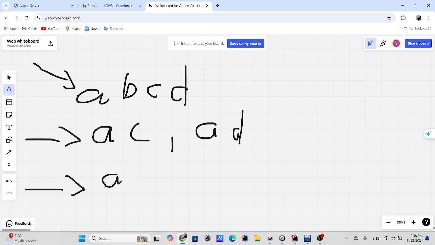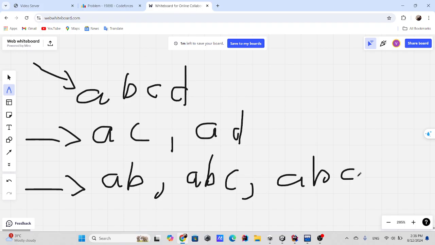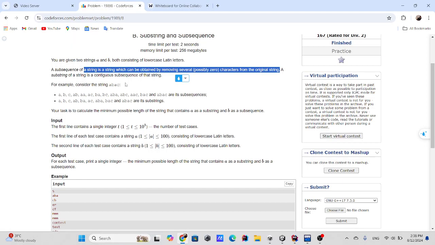For example, AB is a substring, ABC is a substring, and ABCD is also a substring because it is continuous and you can't remove any characters, right? And AB is also a subsequence, ABC is also a subsequence, so yeah.